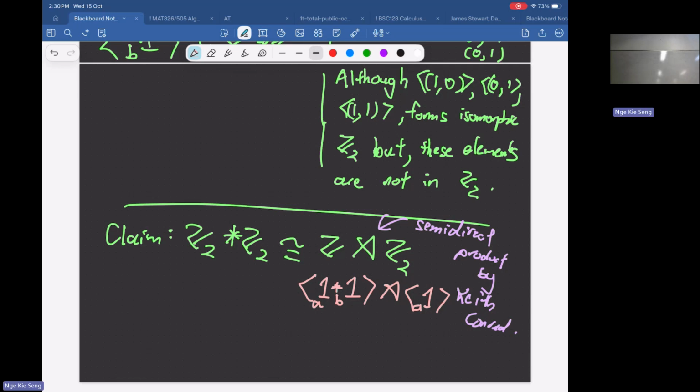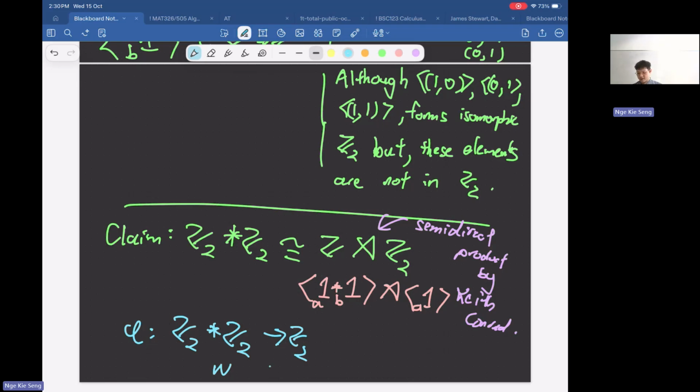So how to see this? Because this is an isomorphism, you should have a map. Basically, you can take the map from Z2 free product Z2 to Z2. So what's this map? You take the word here and compute the length of this word mod 2.